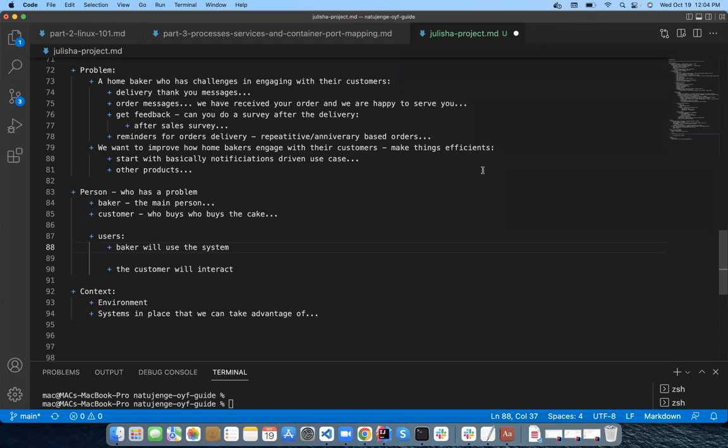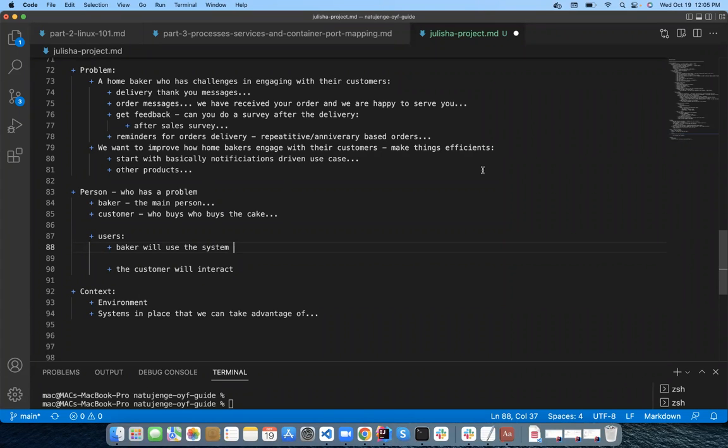But the key idea is to go and find out whether this is a problem and how big a problem it is. Because if the problem is not big for them, or they don't derive so much value from this, then they might not even consider paying for the service. So the headache, Amos, is to go and talk to your baker, find out first whether the problem is real, or whether there is a certain flavor that we need to get, and whether they're willing to pay for the service.